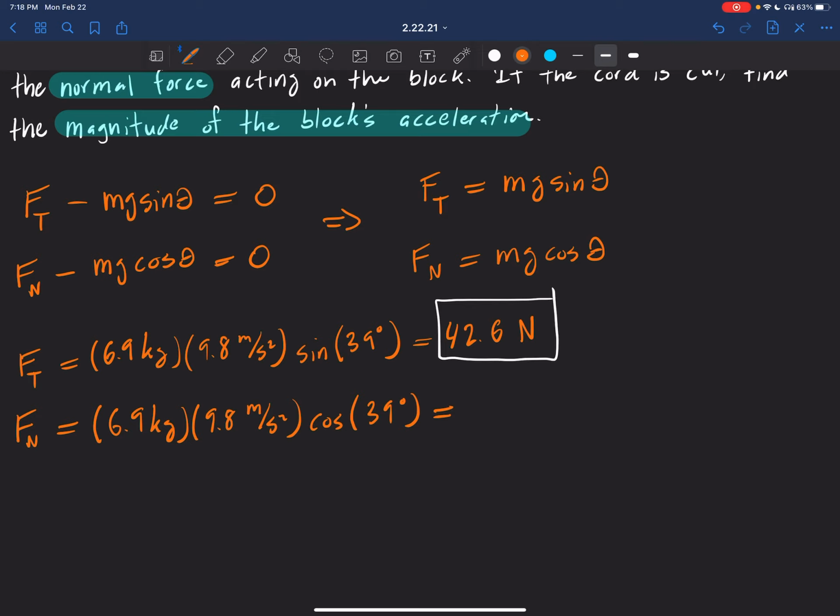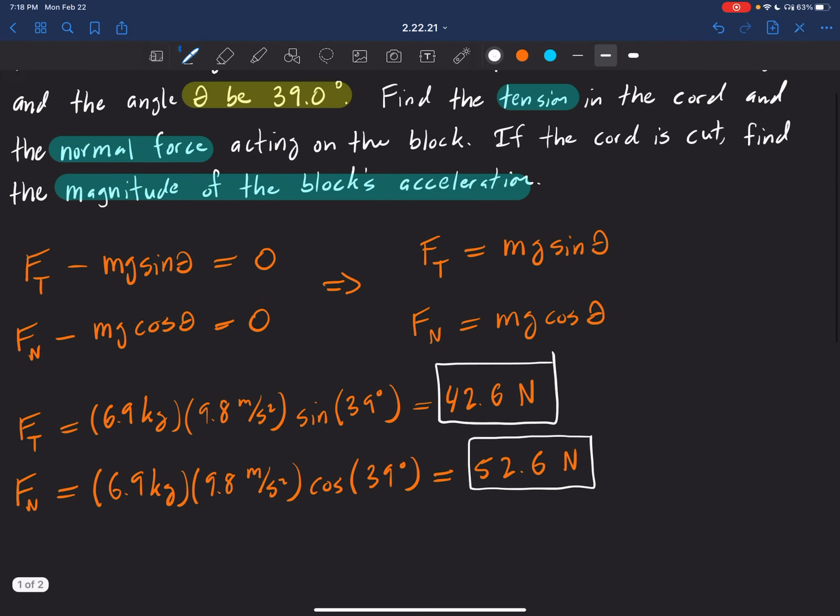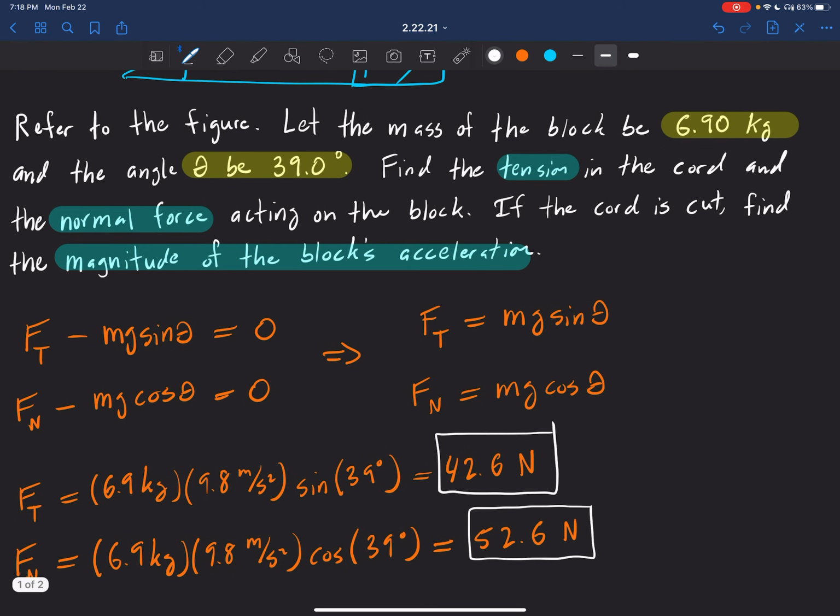That's going to give us a normal force of 52.6 newtons. Okay, so now we've gotten the first round of answers.